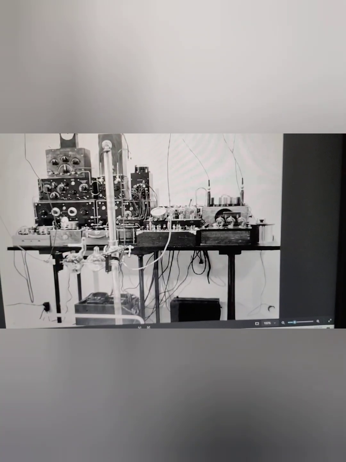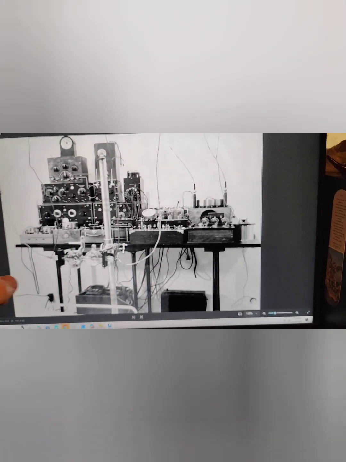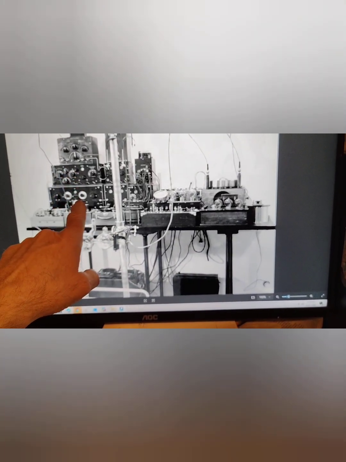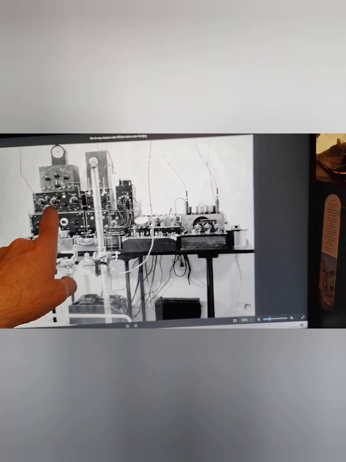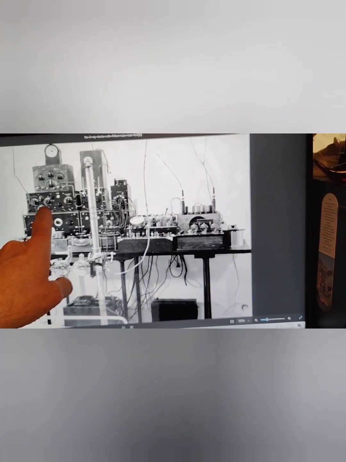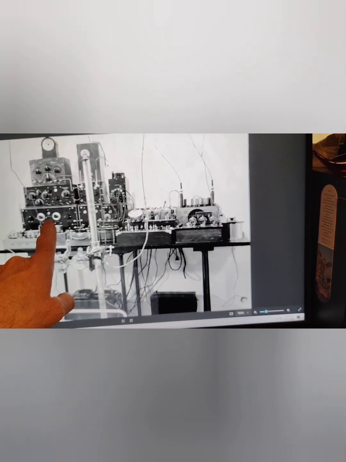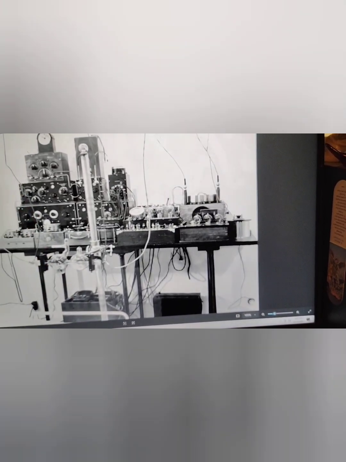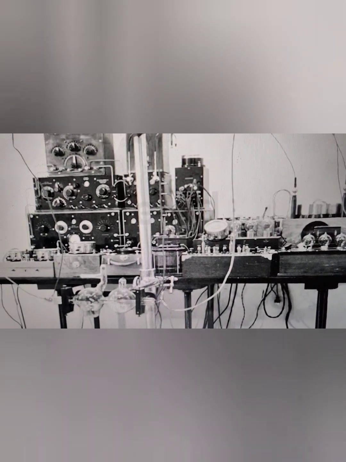This is referred to as the Rife number 3 machine. The frequencies were generated by the use of two Kennedy receivers. On the top here is a Kennedy Model 281, and on the bottom is a Kennedy Model 110 receiver. The inputs of these receivers were used as frequency generators.